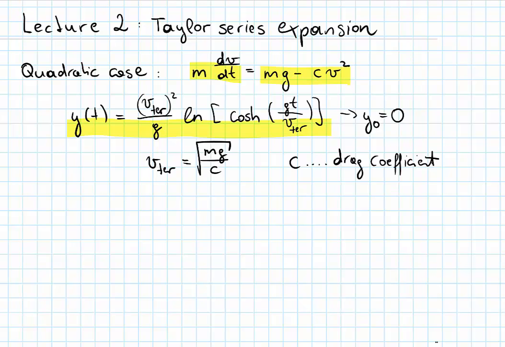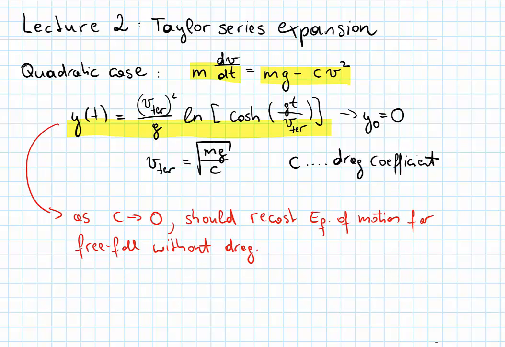So now, if we did this correctly, we should be able to show that in the limit as c approaches 0, we should recast our equation of motion for free fall without drag. The easiest way of doing this is by performing a Taylor series expansion about c equals 0 and then see what you get.